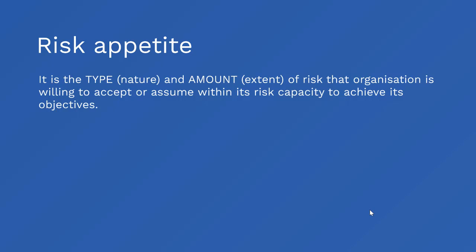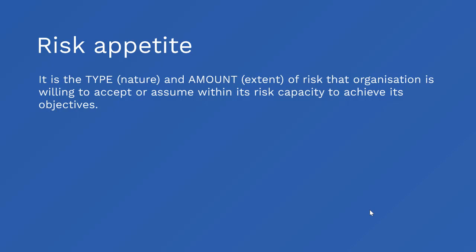That means you are willing to accept the risk that customers may default. In that case, when you do business, you will offer credit. But if you are not inclined to accept credit risk, then you do business on a cash basis. That is about type.